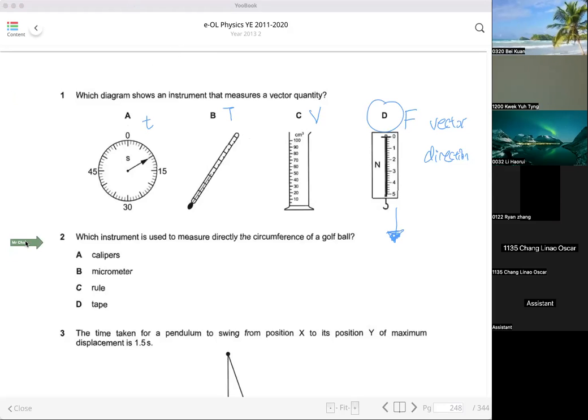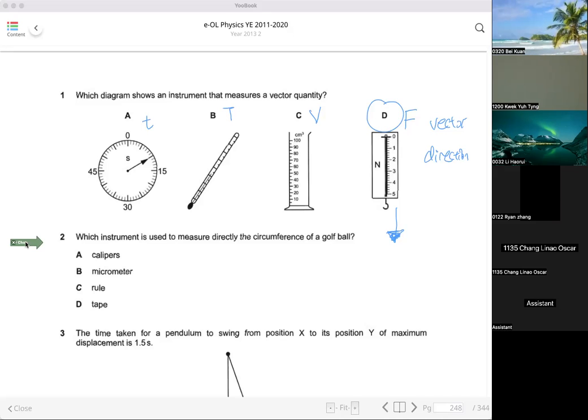So everybody do question 2 now. Okay, question number 2, I see a few answers.